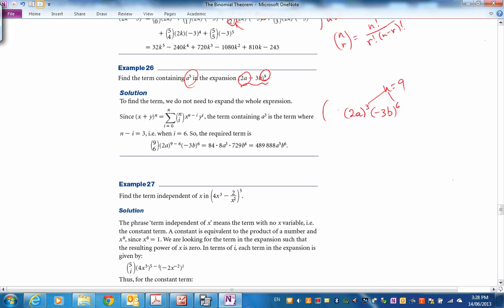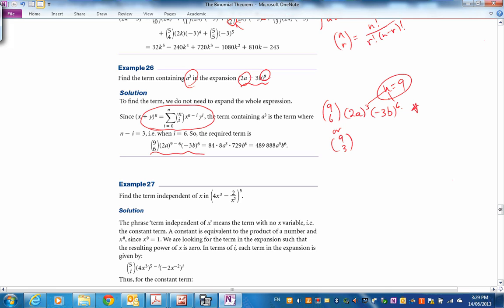And then what's your combination out the front? It's C9 6. It's actually also equal to C9 3. And so that's what Pearson's has got here. They've used an explanation centred around this. I think I'd rather see you sussing it out with the properties of the form of that term. The sum of the powers is 9.